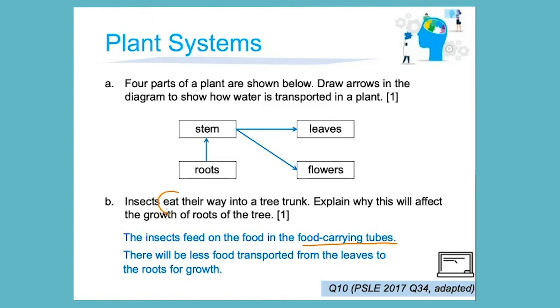Because if insects are eating, they are feeding on the food, not on the water in the water carrying tubes. If they eat the food in the food carrying tubes, less food will be transported from the leaves to the roots. So I will either have fewer roots, or my roots will be shorter, or my roots cannot grow as well. That's how you state the effect. That's right, Kaden. You can even mention that all the food carrying tubes could have been destroyed. That's another possibility.